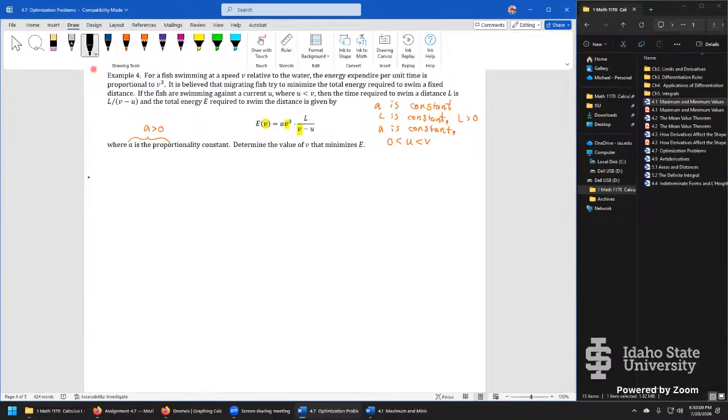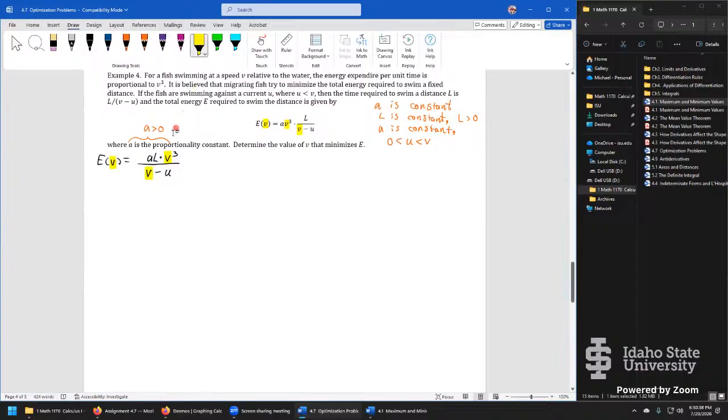If we were about to differentiate that, it's probably not the best form for the derivative. That looks like a product rule, but with V in a denominator, there's more going on. We can rewrite the whole function as E of V is really A L times V cubed divided by V minus U. So think of V as the variable x when we differentiate.